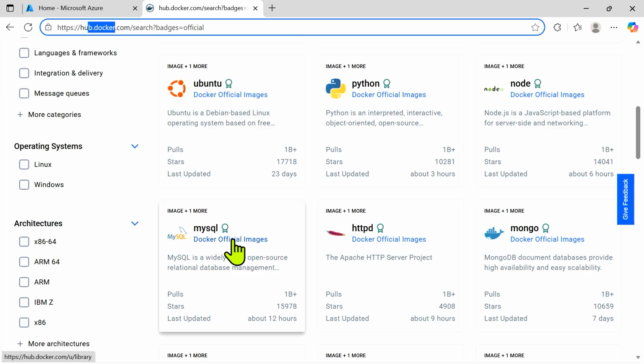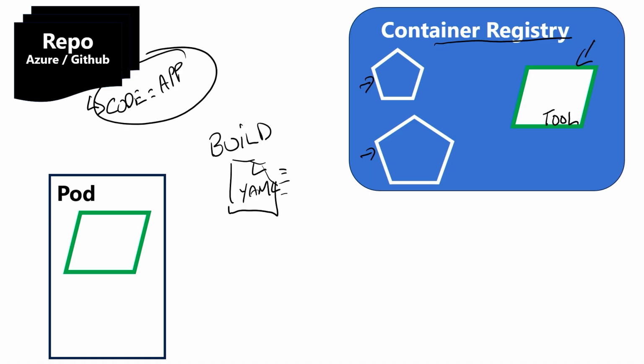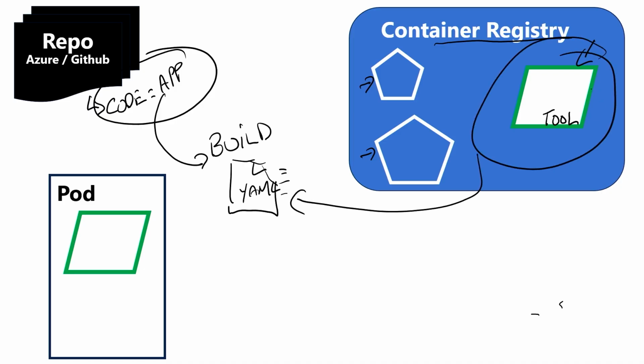Now, when you take this build process, which is a document based on a language called YAML, it is going to identify a location to grab some code from. It's going to grab a container from a container registry, and then it's going to deploy that to a thing called a pod.